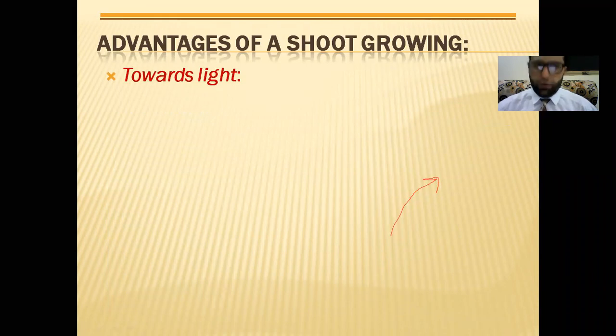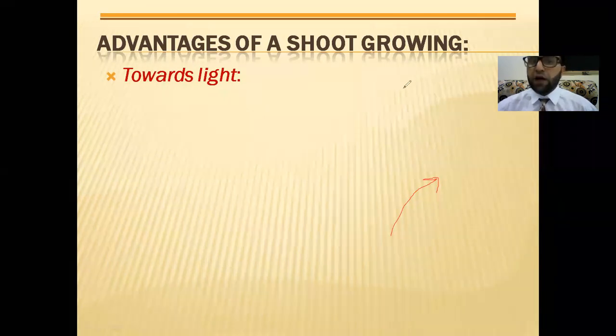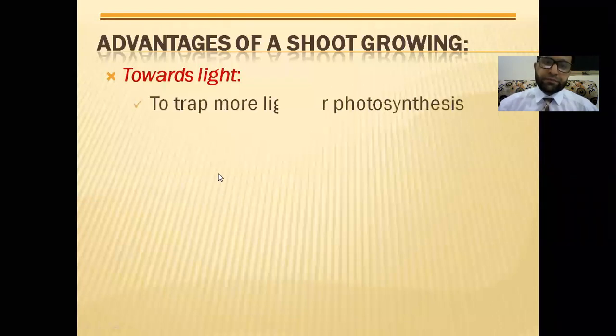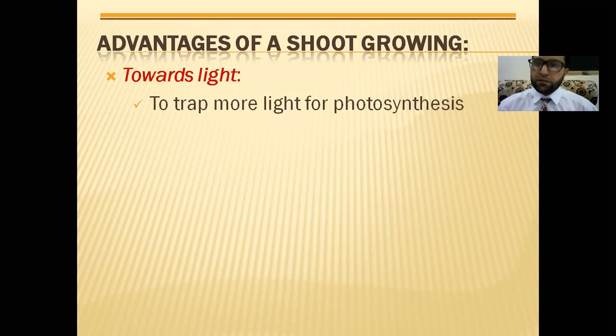Now, what's the importance or the advantage of shoot growing toward the light or away from the gravity? Toward the light, it's good for shoot so that it can grow out to trap more sunlight for the process of photosynthesis.